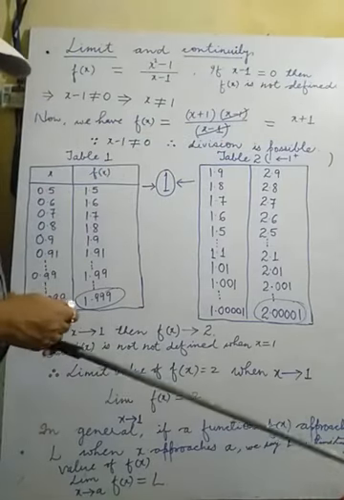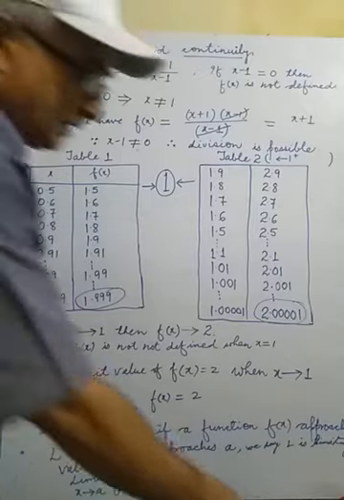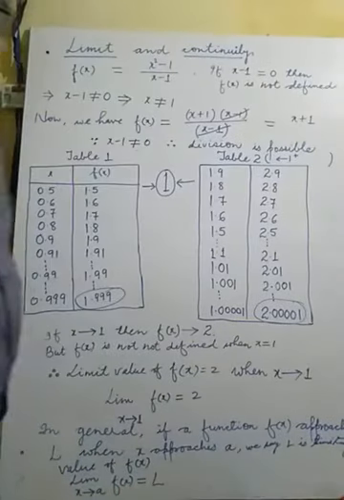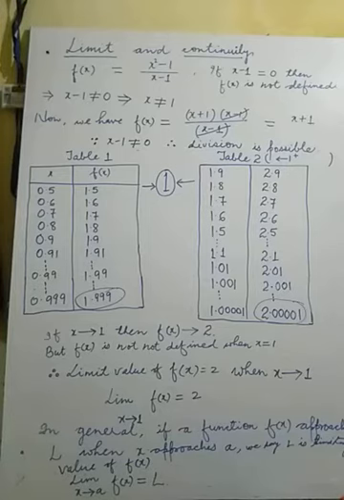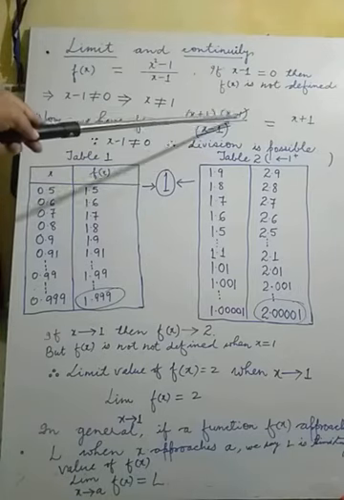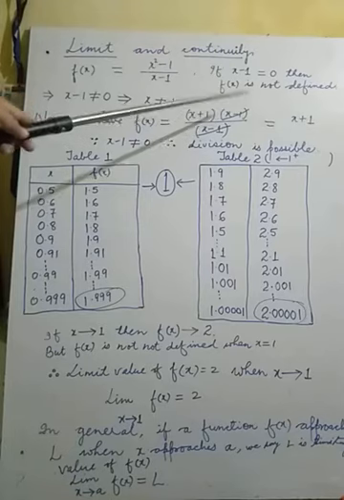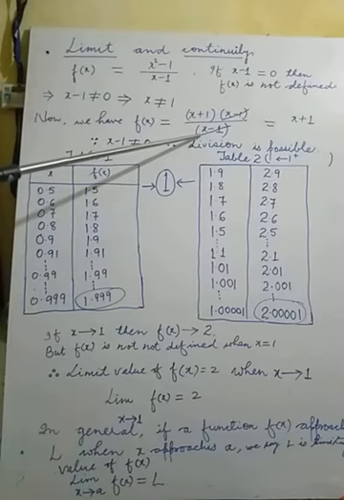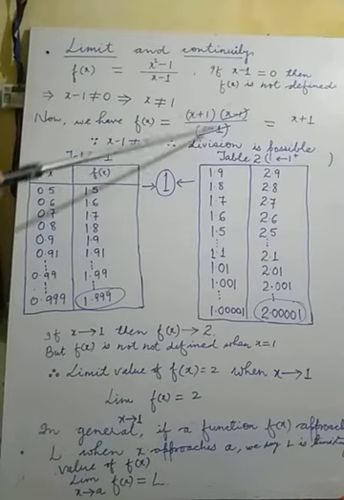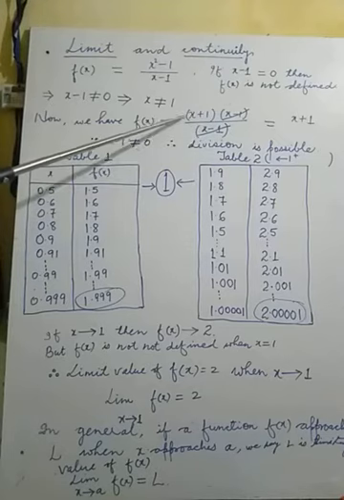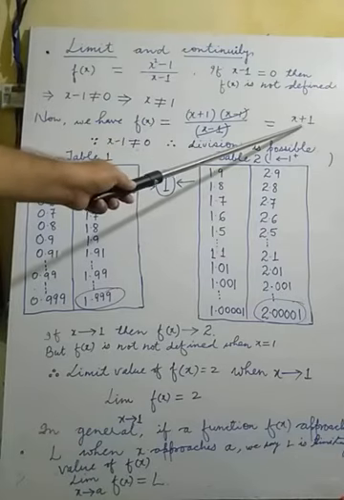Both numerator and denominator contain the same factor, which is why both are cancelled. What is remaining here is x plus 1.